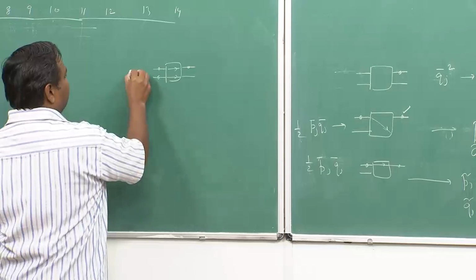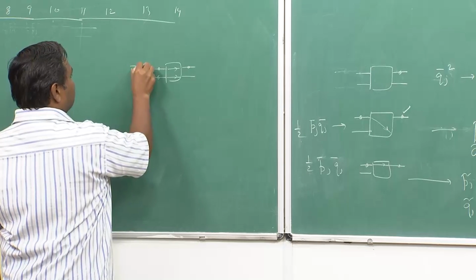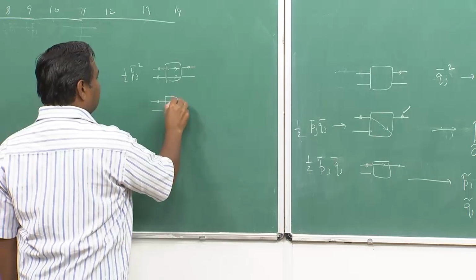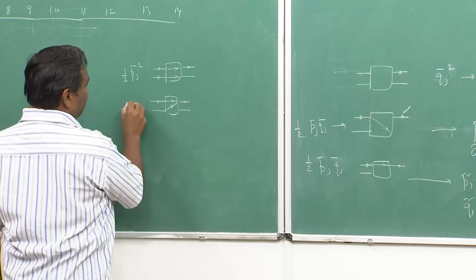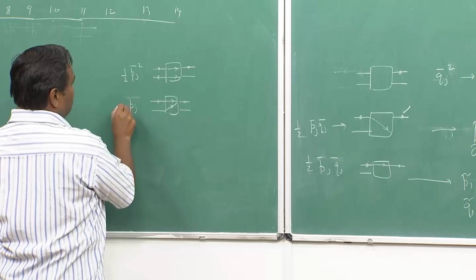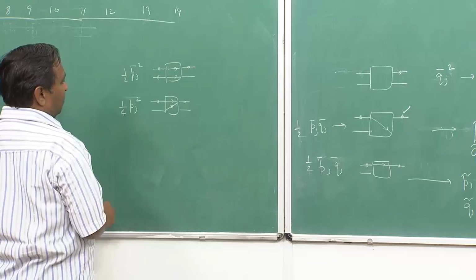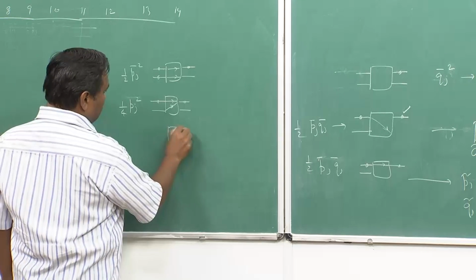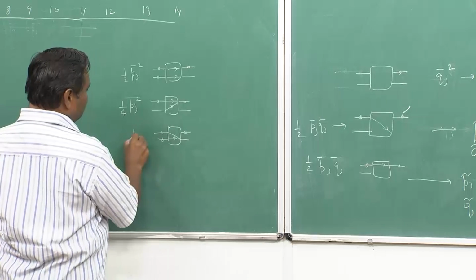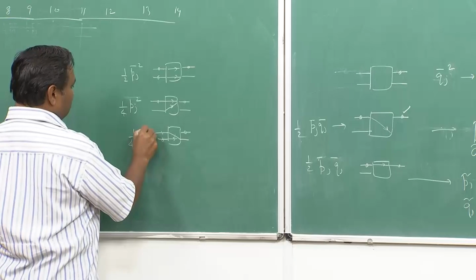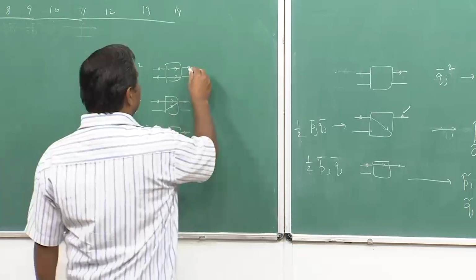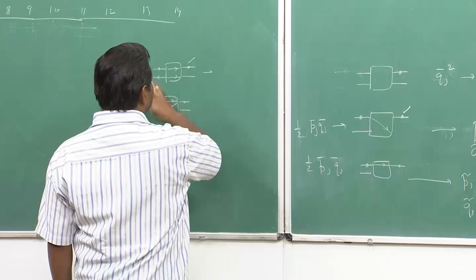So, this will be happening with probability Pj bar half, and there is going to be a case when both are directed to this, which will be happening with 1 by 4 Pj square, and there is going to be a case when it is directed like this, 1 by 4 Pj bar square. Okay.